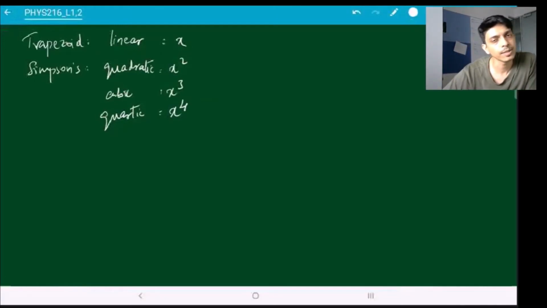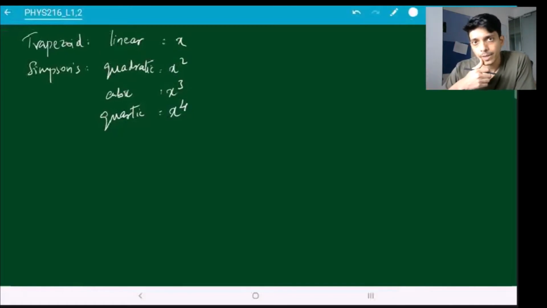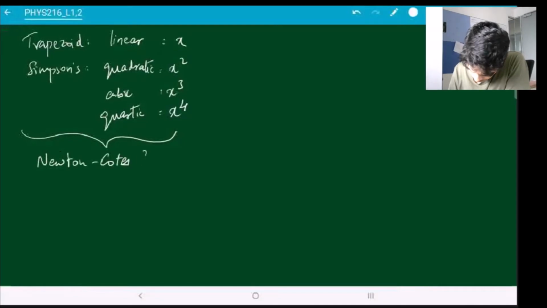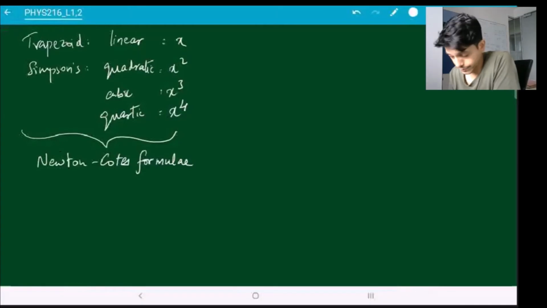You can keep doing this kind of thing to get better and better fits to your integral. So the generic term for all of these higher order ones is Newton-Cotes formulae. And I'm sure if you look on the internet or if you find some advanced book, you'll find the actual formulae for all of these given to you.